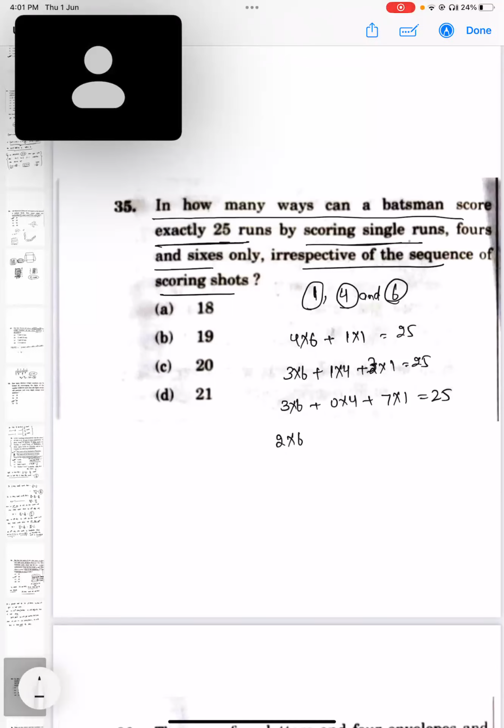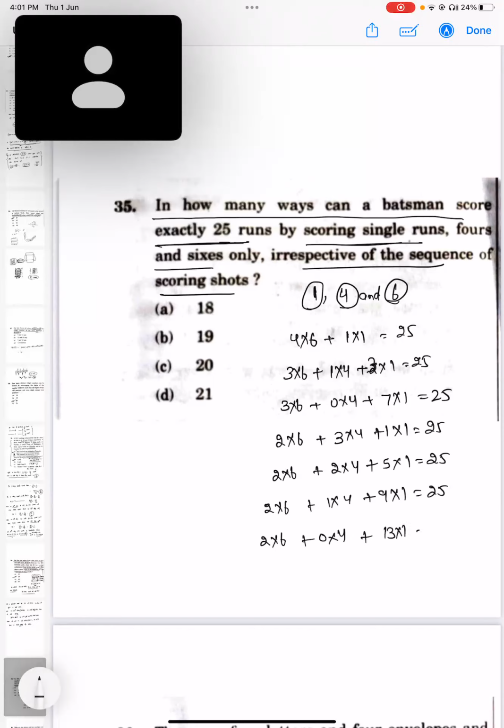Now 2 sixes plus 3 fours plus 1 single, 25. 2 sixes, 2 fours, 5 singles, 25. 2 sixes, 1 four, 9 singles, 25. 2 sixes, 0 fours, 13 ones, 25.